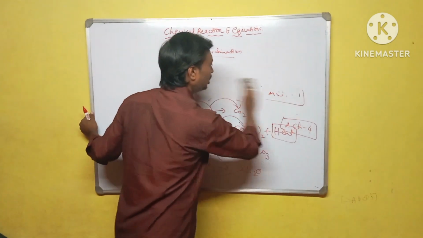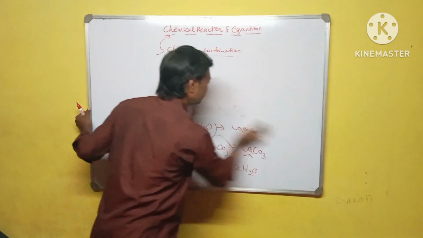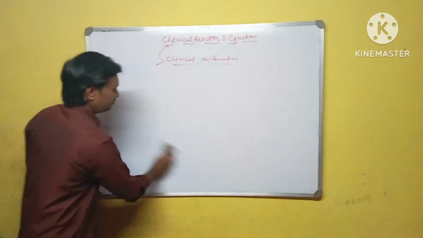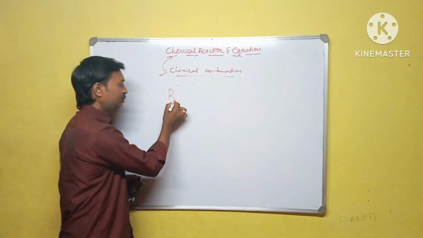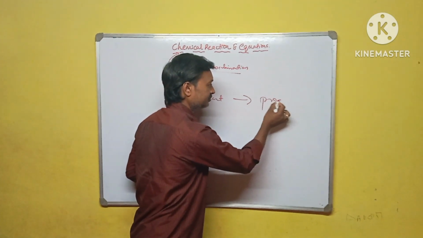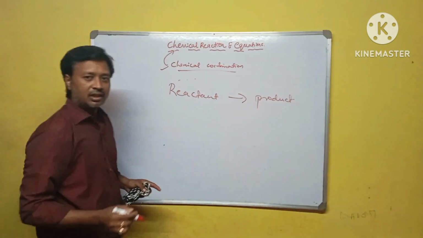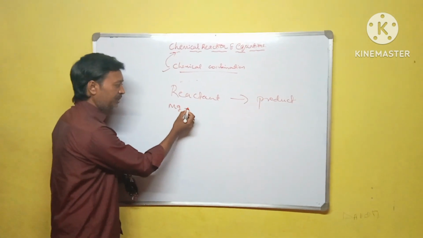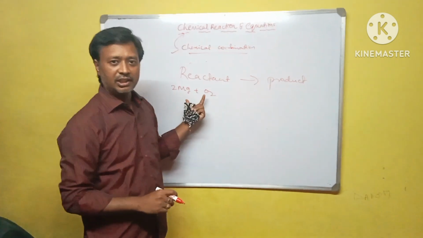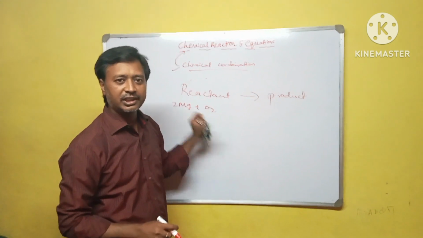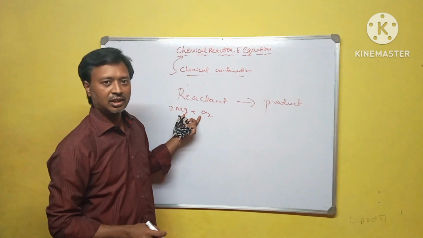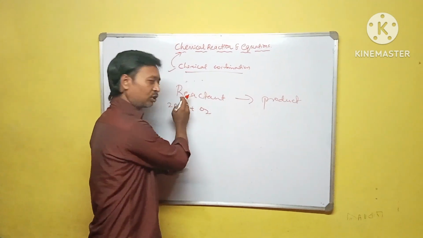Then do you have a doubt? What is a reactant? What is a product? Reactants give product. In the chemical reaction Mg plus O2, the chemicals which are involved in the chemical reaction are called reactants, which are written before the arrow.